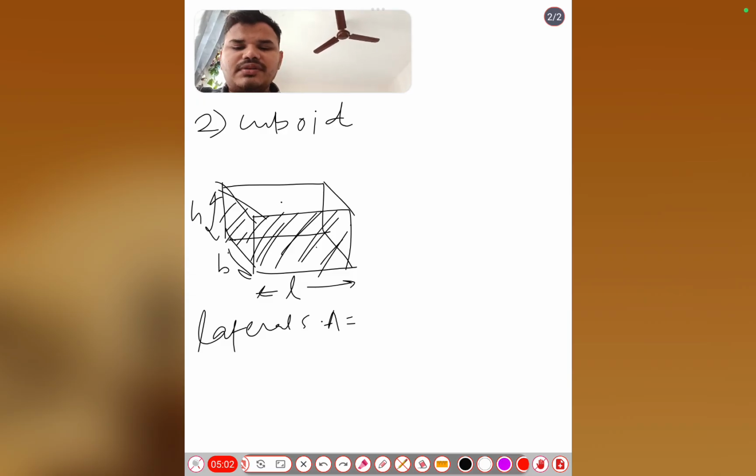So simply it's L into H plus L into H, because of the front and back side.